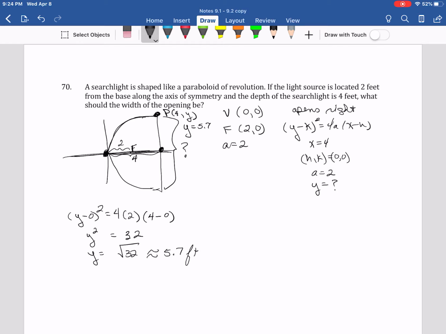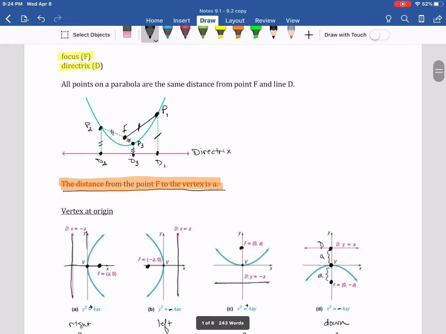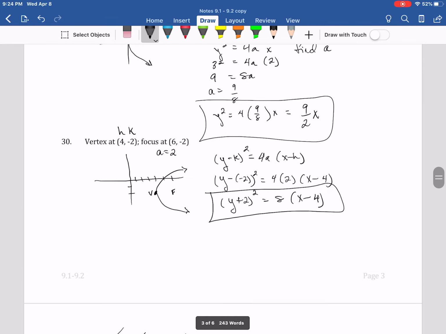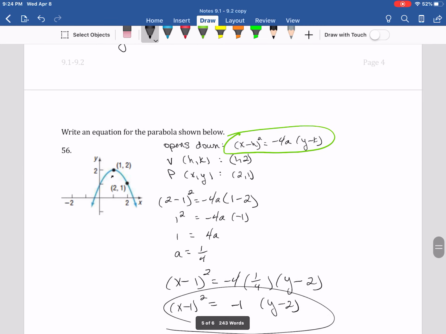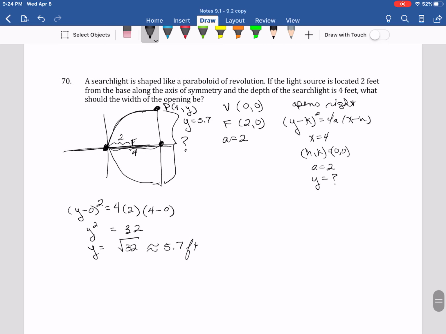If I wanted to know the entire opening, okay, the entire opening is twice that, which is about 11.4 feet.